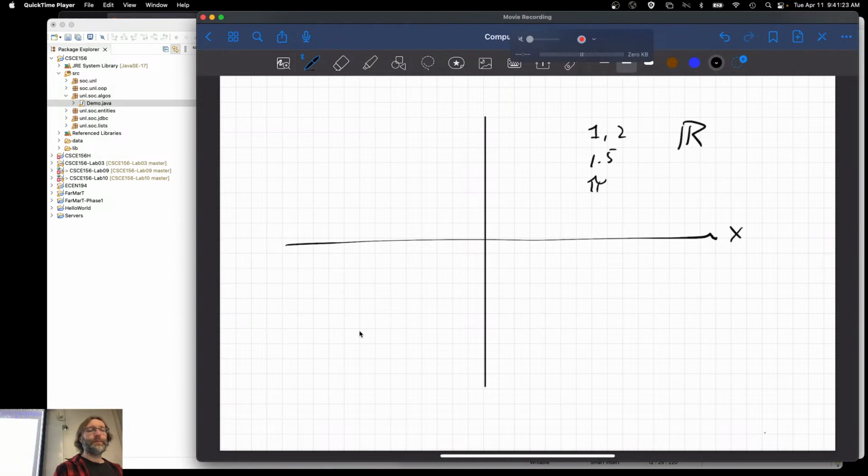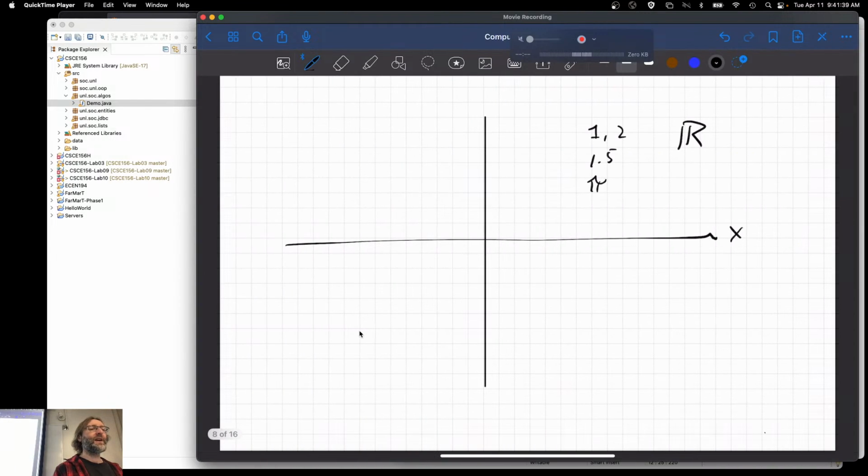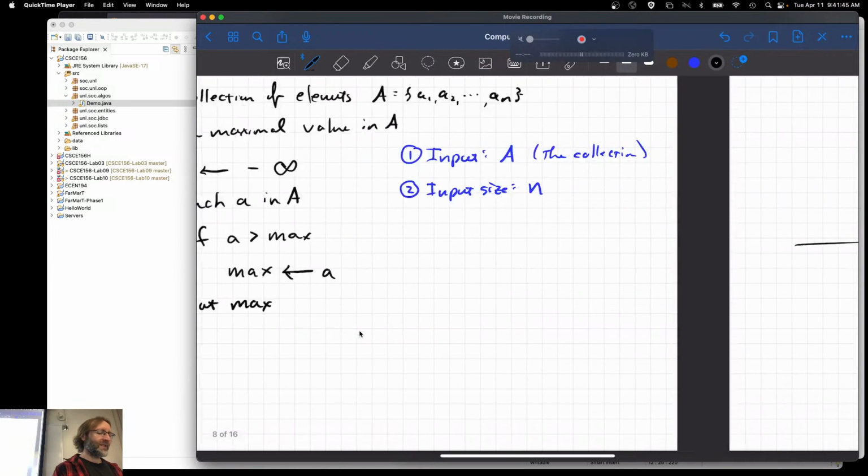In other words, real numbers, not integers. So why am I restricting myself here to n? Have you ever heard of an array or a collection of 3.5 elements? Which language has that? None. Have you ever heard of an array of 7.5 elements, or an array of pi elements, 3.14159 elements? No, because you can't have half an element.